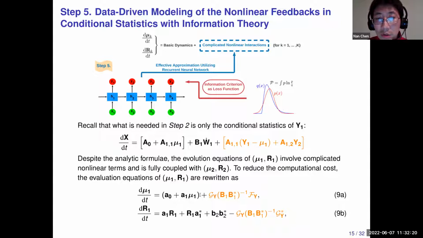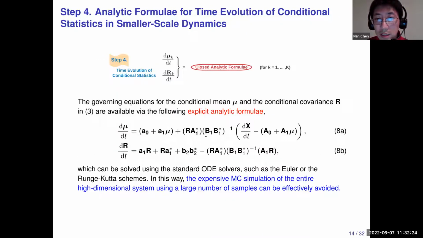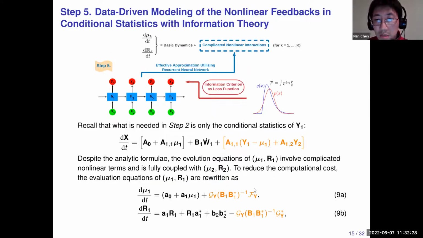Then for the right-hand side, we keep this basic dynamics, but we approximate these complicated nonlinear interactions by a function g and a function f. Both g and f are approximated by a neural network. We compute the output from this entire equation, then we get mu1 and R1. We use them to formulate the distribution. Then we use the information criteria to train these neural networks.